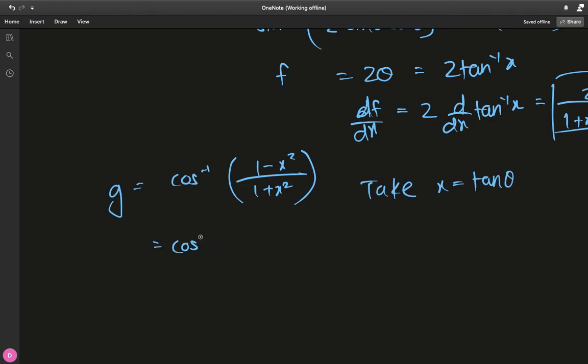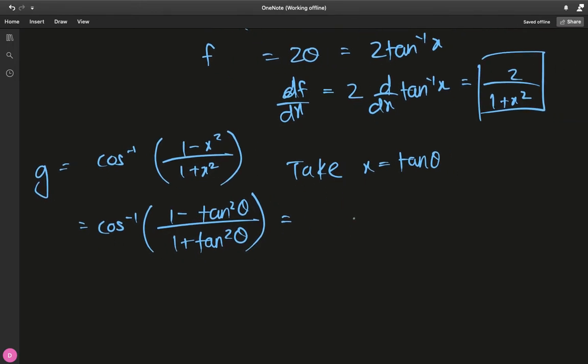Now we have cosine inverse of 1 minus tan squared theta over 1 plus tan squared theta. If you want to write this in terms of sines and cosines, this is going to be 1 minus sine squared theta over cosine squared theta, divided by 1 plus sine squared theta over cosine squared theta.